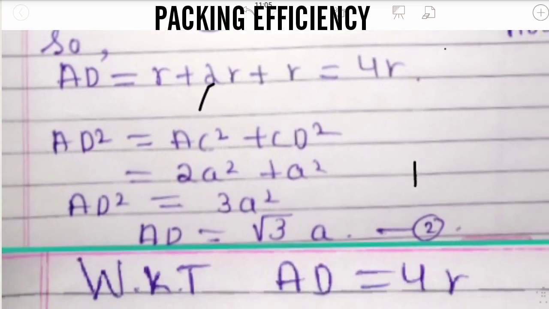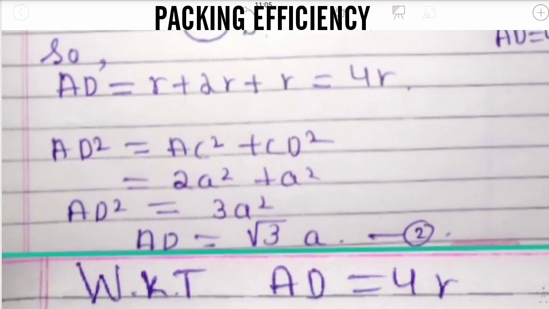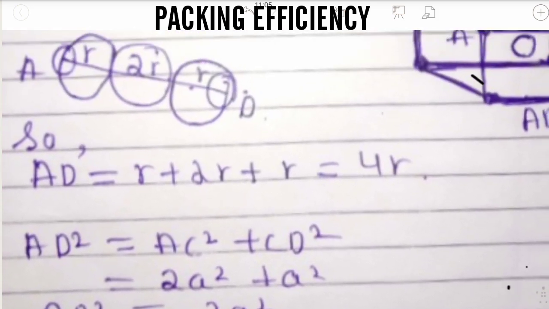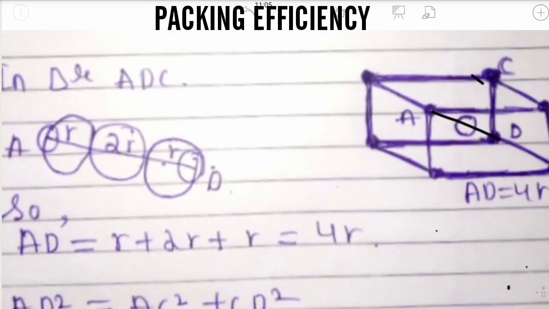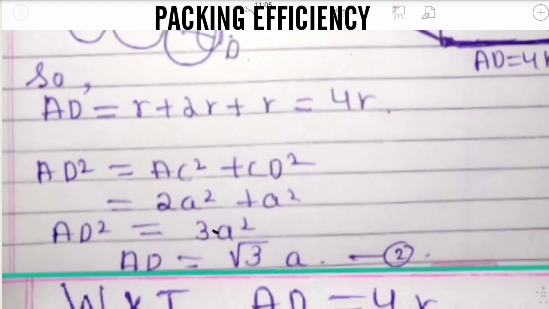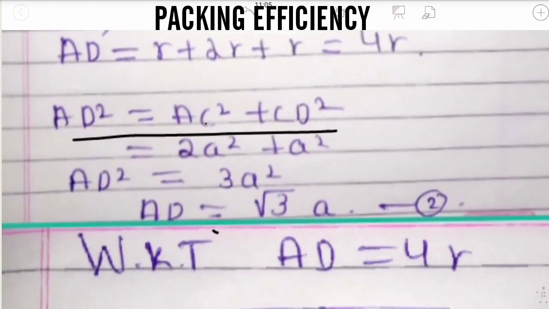Next, in triangle ADC, we can apply the Pythagoras theorem, that is AD square is equal to AC square plus CD square.